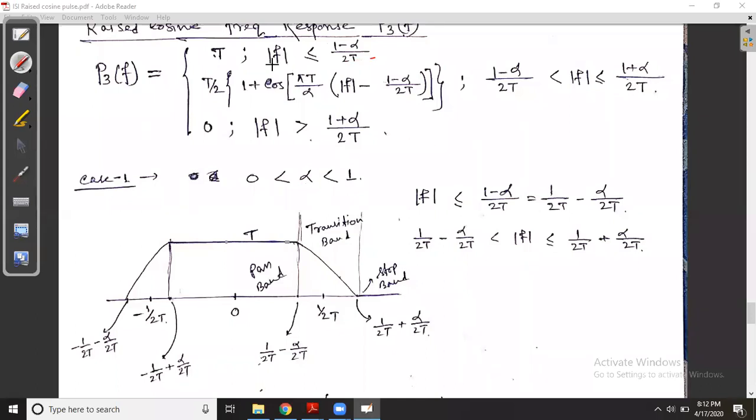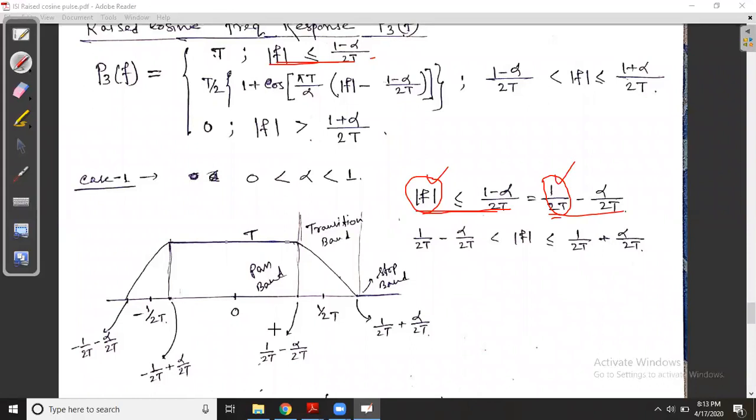This condition I have written here: 1 minus alpha by 2T. This thing we are separating out in this way: 1 by 2T minus alpha by 2T. That means the value of frequency is less than the value of 1 by 2T. Some value it is, but which is less than 1 by 2T.